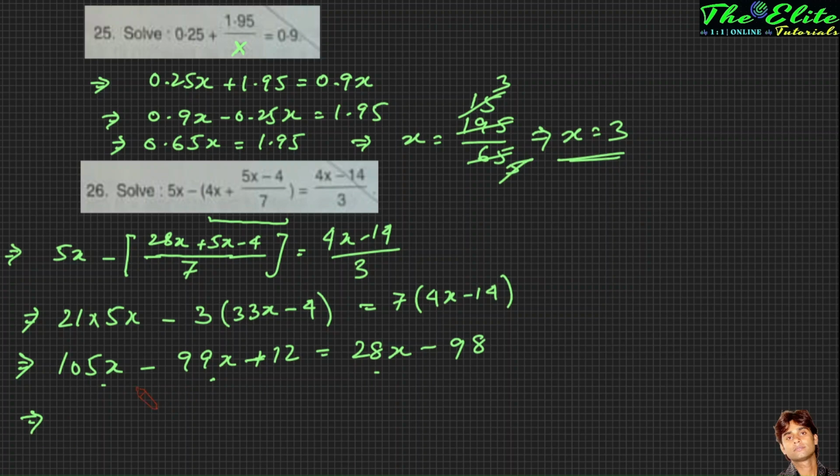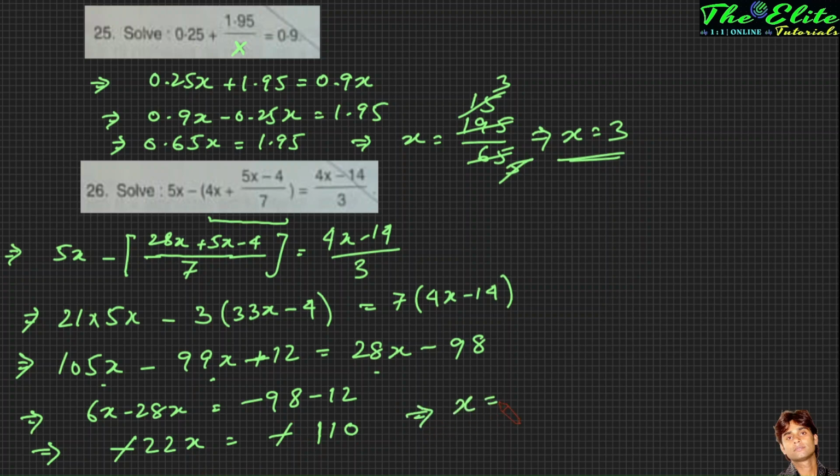So from here you are going to get how much? 6x, and then this one is going to be here minus 28x. 6x minus 28x is equal to minus 98, and then this number, minus 12. So this is going to be minus 22x, and here it is going to be minus 110. So minus from here and minus from there will get cancelled, and x will be equal to 110 upon 22. That will be equal to 5, and that's your answer.